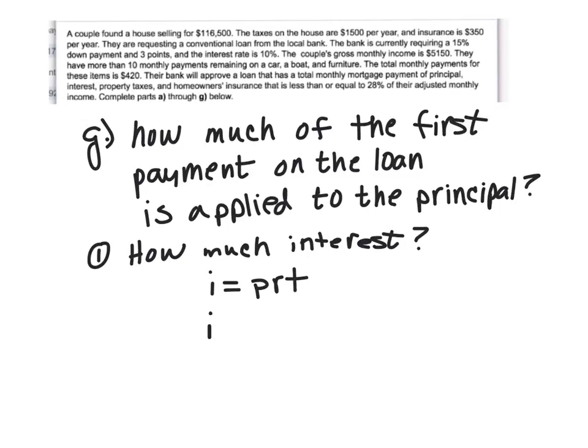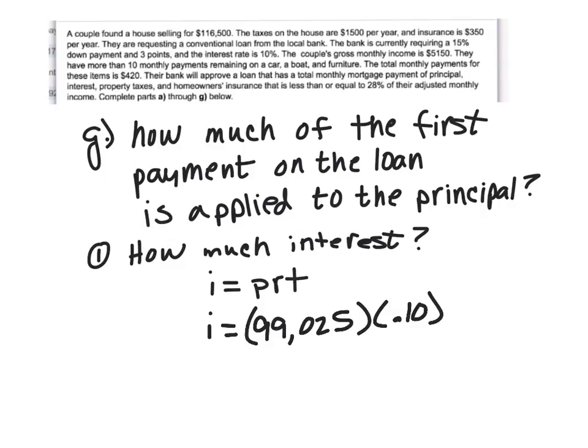I stands for interest. P stands for principal. Again, we use the mortgaged amount, so that was the sale price minus the down payment that we put down. So P, principal, is $99,025. R for rate is that percentage in the form of a decimal, so that'll be 0.10.